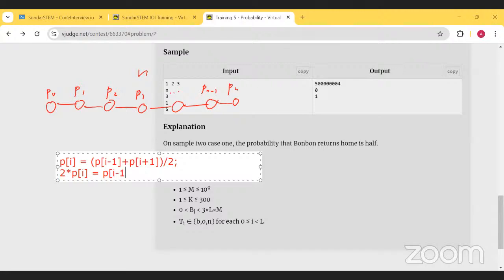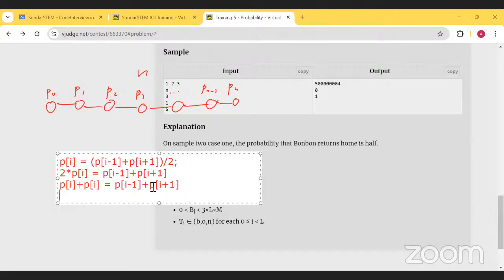So the formula will be like this. And then we can make it pi plus pi here, and move pi to the right side and pi minus 1 to the left side. So the formula will be like this. Do you agree with this formula?